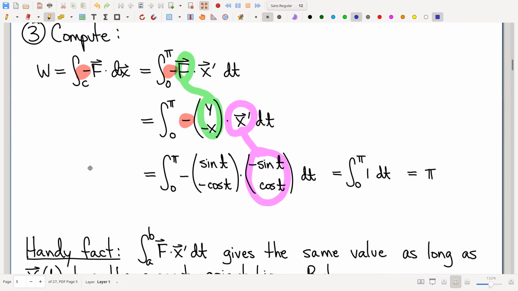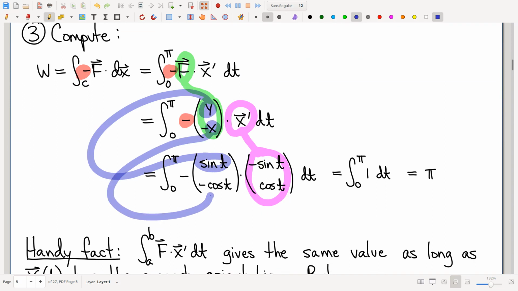So we just plug that right in, just like it says. Y is sine t. X is cosine t. Single variable integral, plug and chug. How we doing?